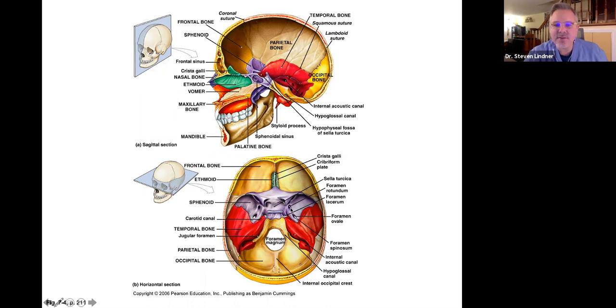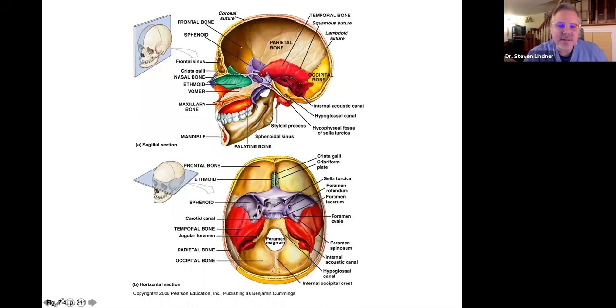There's going to be three that make a diagonal. Here's the spinosum. There it is. So there's the foramen rotundum. There's going to be another one called a foramen ovale, which is right here. And then the last one is the foramen spinosum, which is this hole here. So it does make a diagonal, these three, 1, 2, 3.